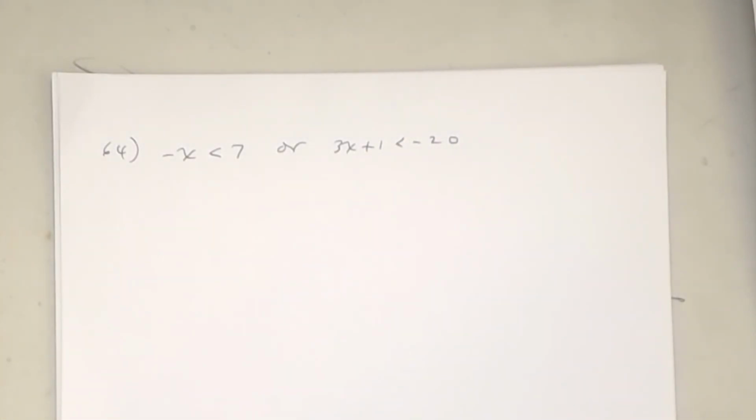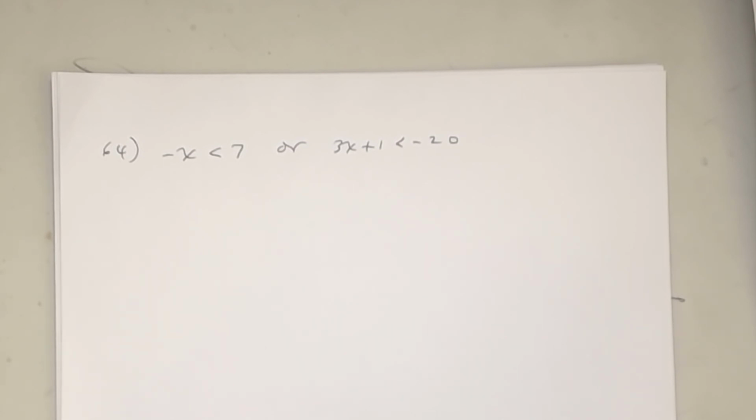So negative x is less than 7. All right. So you have to recognize, well, is this a simple inequality or is this a compound inequality? Okay. Compound inequality. So you have to find the solutions of each one individually, then determine which solutions are based on the word and or or.